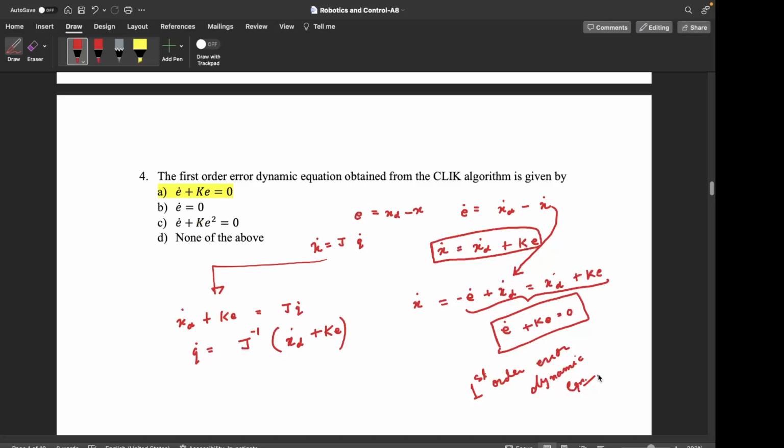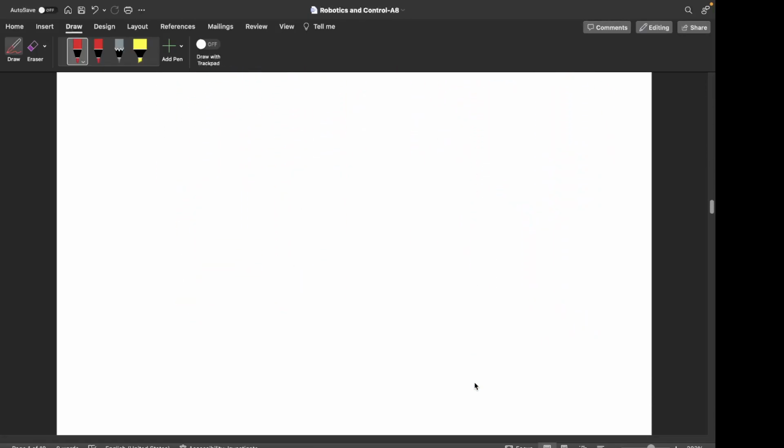And the block diagram and all, you would have already seen in previous slides also, and this week's slides also. Okay.